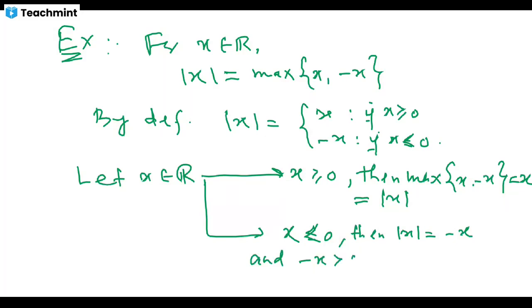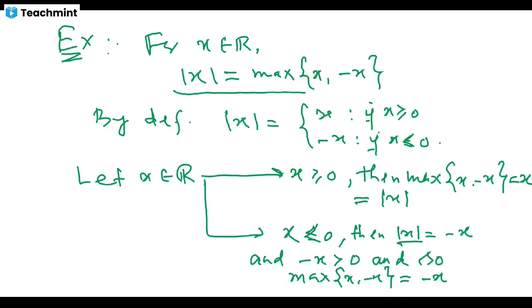So what should be the maximum of x and minus x? Again you have a positive and a negative, x is negative and minus x is positive, so the maximum has to be minus x. In this case also mod of x is equal to max of x and minus x. So this is another way to look at the modulus of a real number.